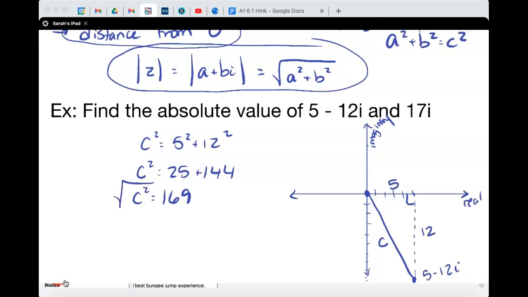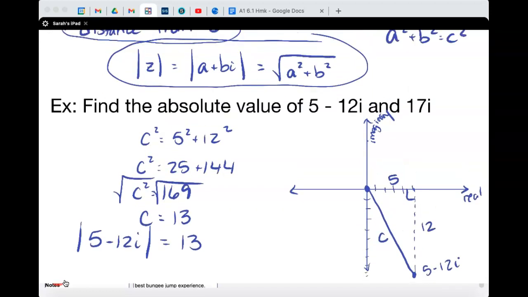Solving for C, that's 13. Okay. So basically, the absolute value of 5 minus 12i is 13. That's the distance from 0. Yep. Pythagorean theorem.